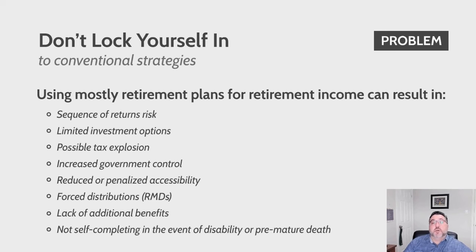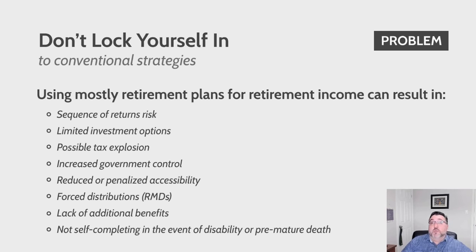You have the sequence of returns risks, which we talked about, limited investment options, and possible tax explosion. So when it comes to an RSP, depending on how big you build that, there could be some major tax consequences at retirement and/or at death as well.